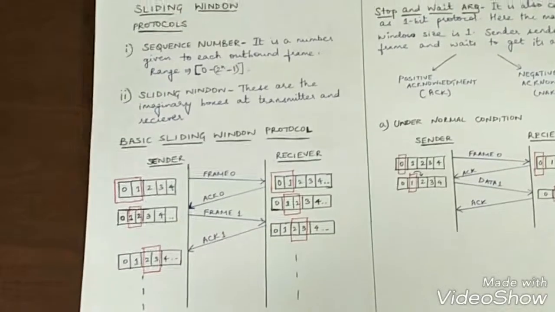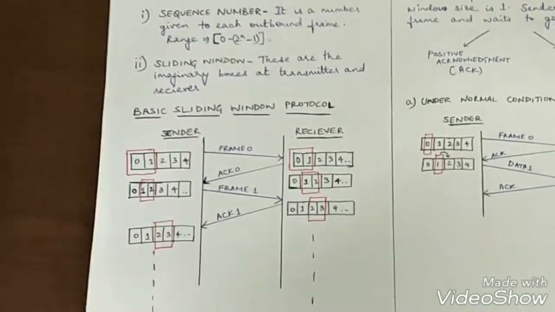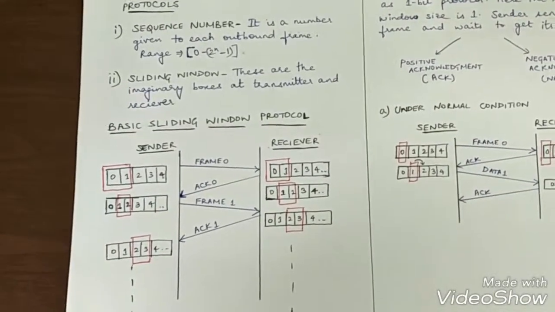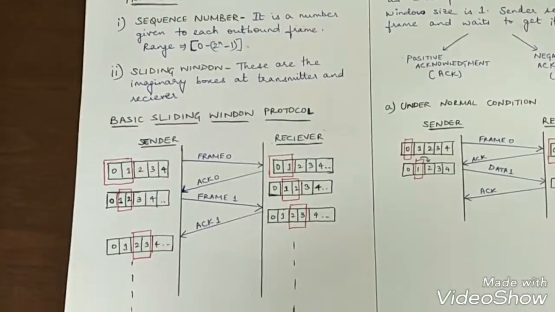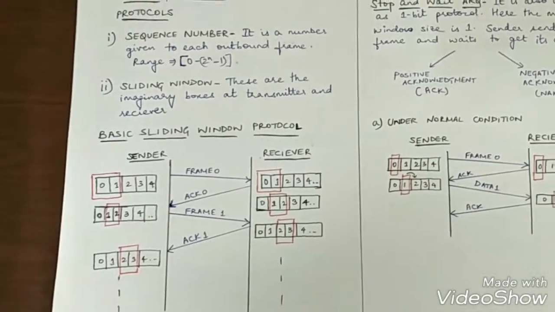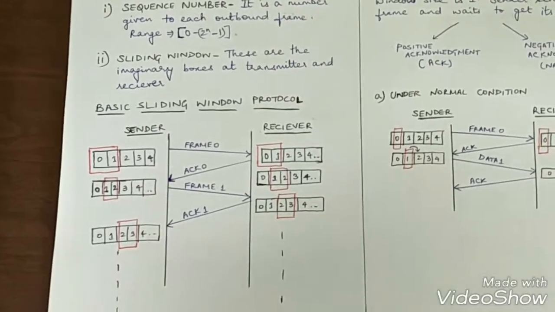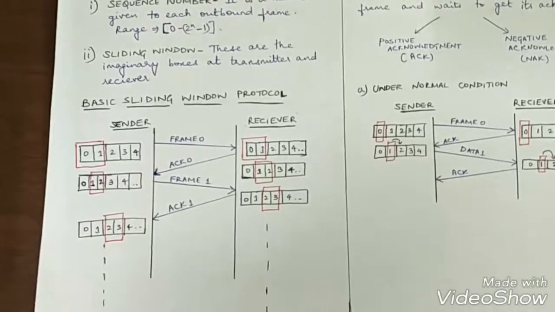So here the sliding window size is 2, which means that the frames covered at the sender side by the sliding window will be 0 and 1. And same frames will be covered at the receiver's end. Now we see that according to the sliding window protocol, at any moment of time, any frame which is outside the sliding window is discarded.